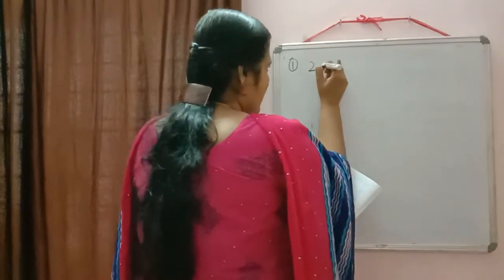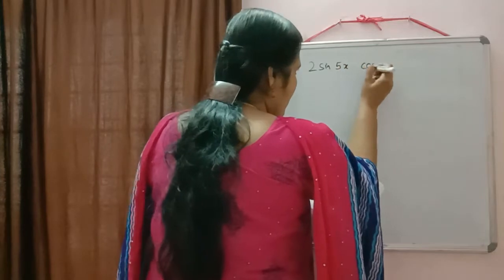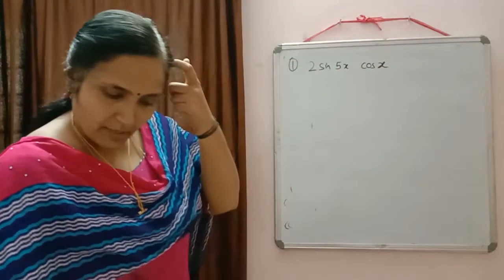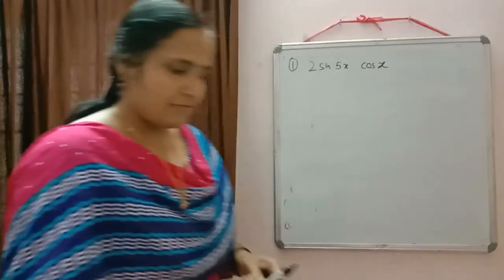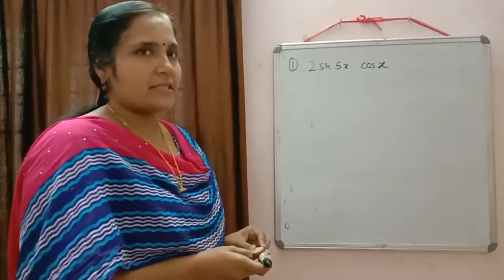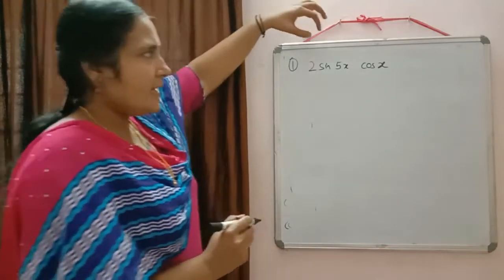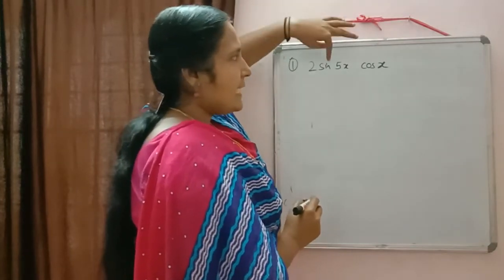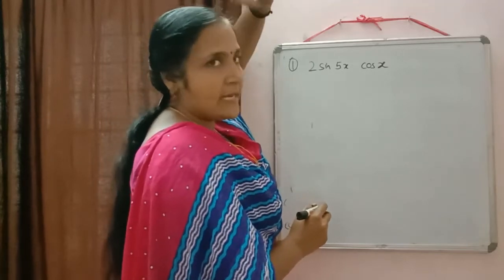It is given 2 sin 5x into cos x. So all of you just remember that formula only. We are going to convert the product into the form of addition or subtraction. So just remember the concept: it is 2 sin A cos B. Sin and cos both are there, so it is related to sine only.